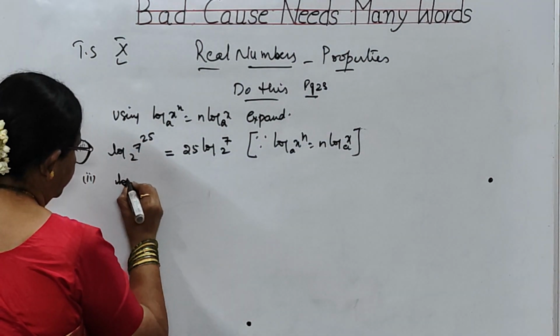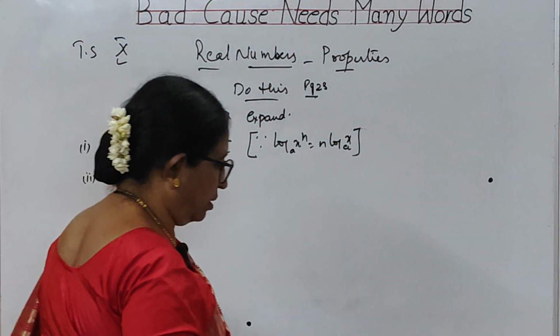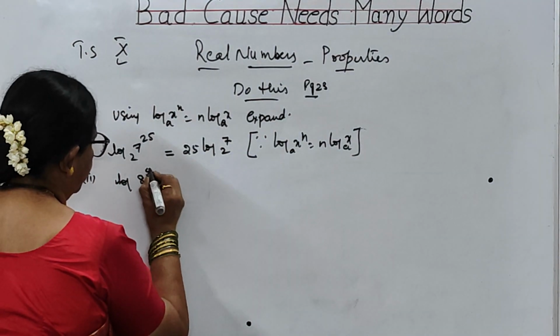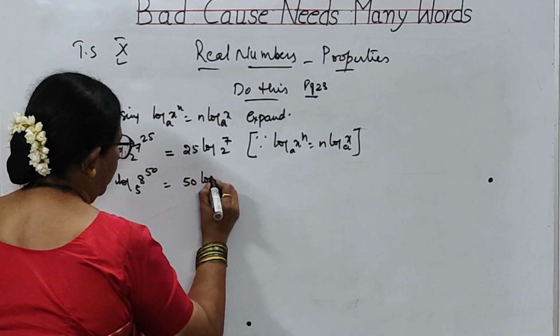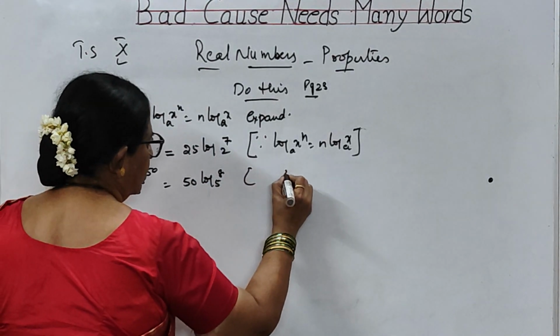Log 8 to the power of 50 to the base 5 can be written as 50 log 8 to the base 5. Same reason.